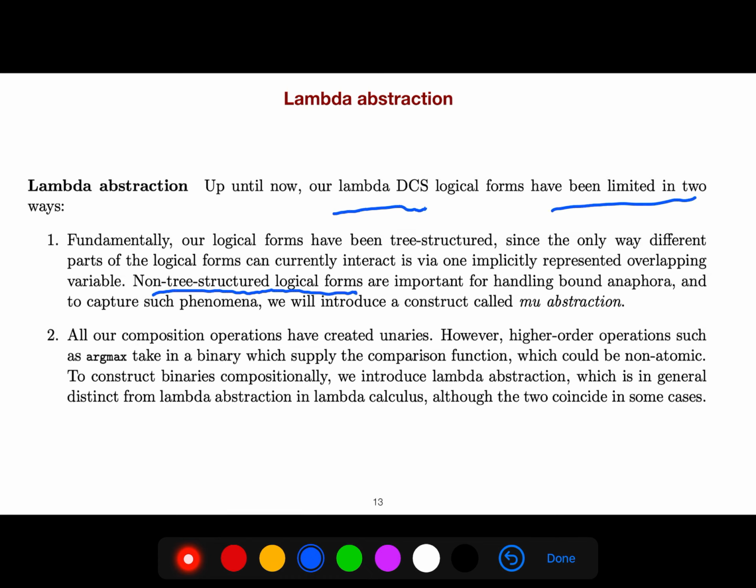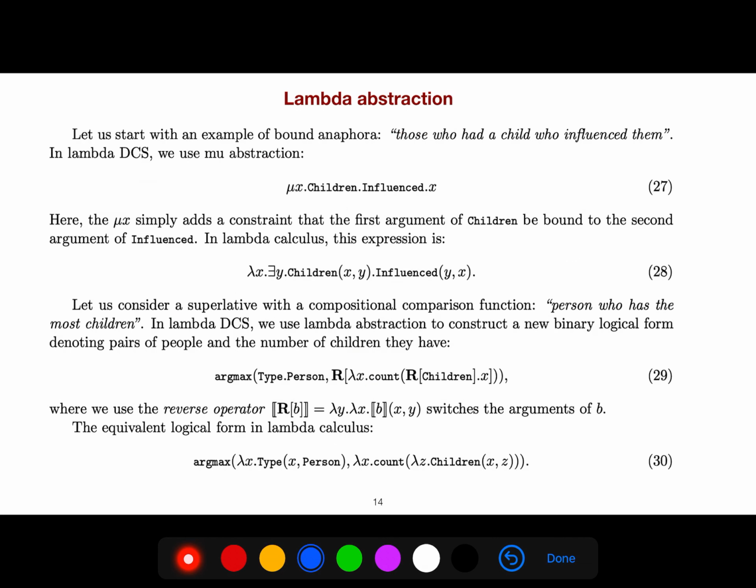Non-tree structured logical forms are important for handling bound anaphora. And to capture such phenomena, we will introduce a construct called mu abstraction. So this is the mu abstraction. Those who had a child who influenced them in Lambda DCS will rewrite it like this.